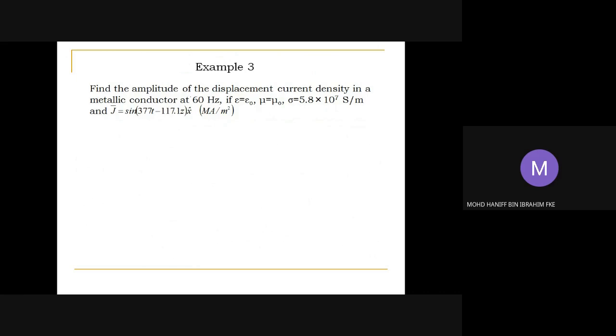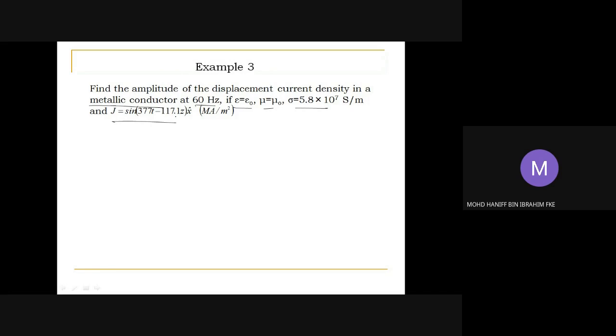This problem is related to the metallic conductors at 60 Hertz. We have the following parameters: the permittivity, the permeability, and the conductivity. And we are given the J straight away.